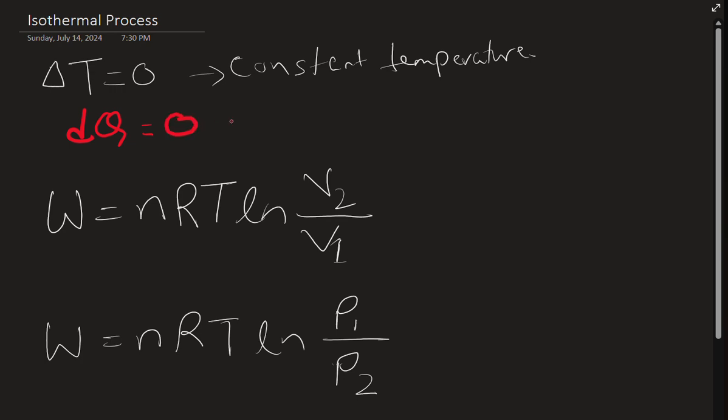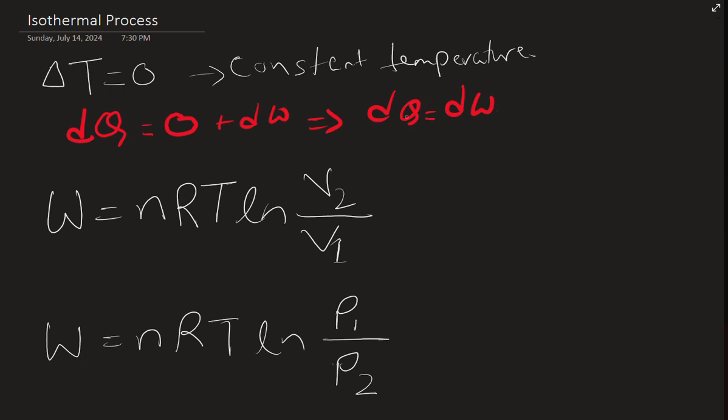So constant means no change. So dq is equal to du plus dw, which basically means dq is equal to dw. So in isothermal process, the change of heat and the change of work will be the same. So we can use these formulas of work as the formulas of heat. Okay, we can write this and this.